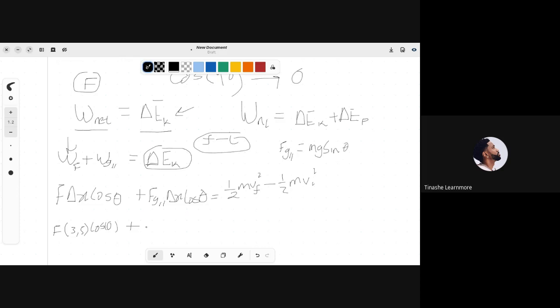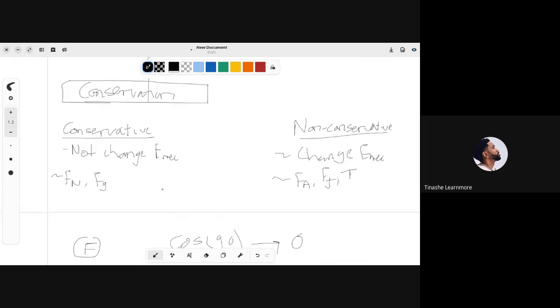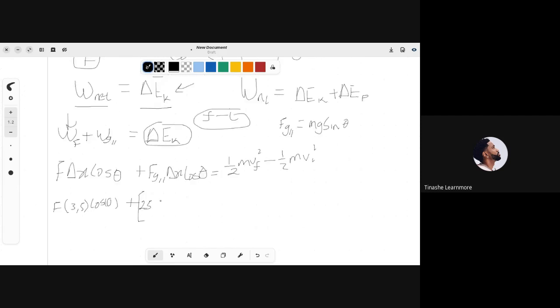Let me plug this directly into the equation, with a giant bracket for that. The mass is 25 kilograms, and the displacement was 3.5. Then sine theta, and this theta is the 30 degrees.